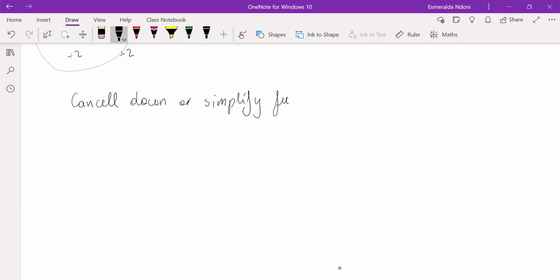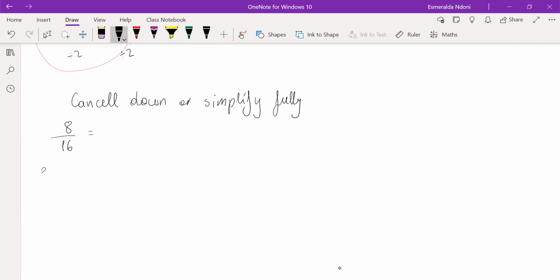This is how it's going to look in the exam papers. If I give you 8 out of 16, the first question you ask yourself is what number goes into both of them? So what's the highest common factor of 16 and 8?